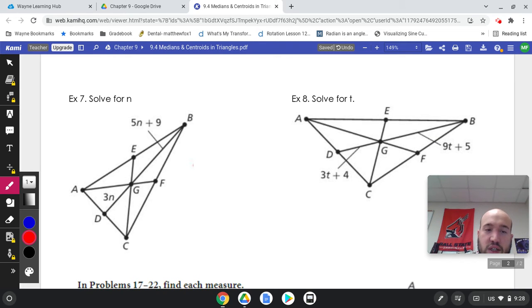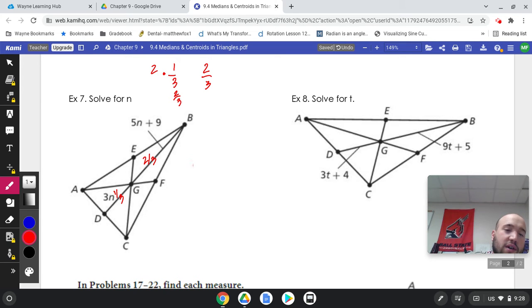We know once again that G is our centroid. So if G is the centroid, we know that this is 2/3 and this side is 1/3. In order for them to be the same or equal, if we have 1/3 and we are trying to get it to be the same as 2/3, we have two options. We can either add it with itself, 1/3 plus 1/3, or another way to say that is we multiply it by 2, and that will give us 2/3.